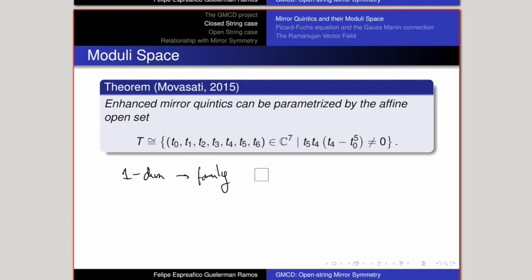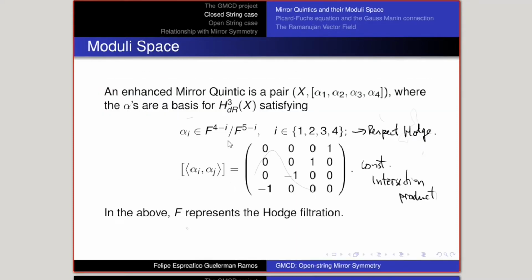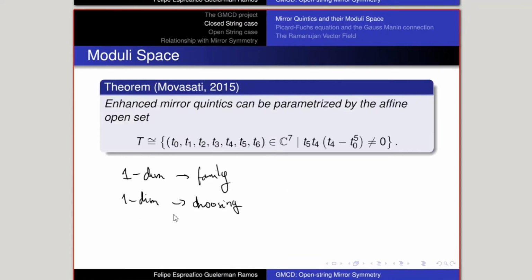Another dimension is for choosing alpha 1. An important thing here is that alpha 1 is in F3, which is the same as saying that alpha 1 is a holomorphic form. So the second dimension is for choosing alpha 1.